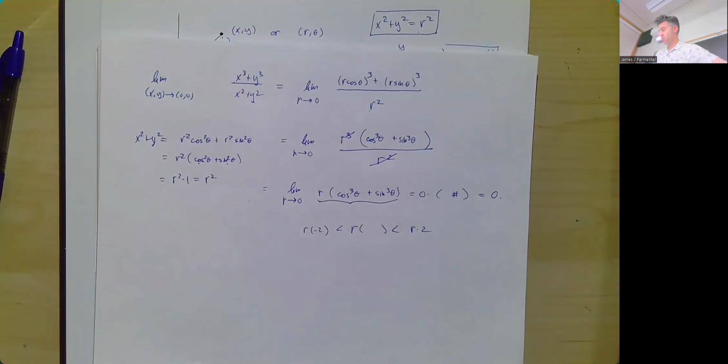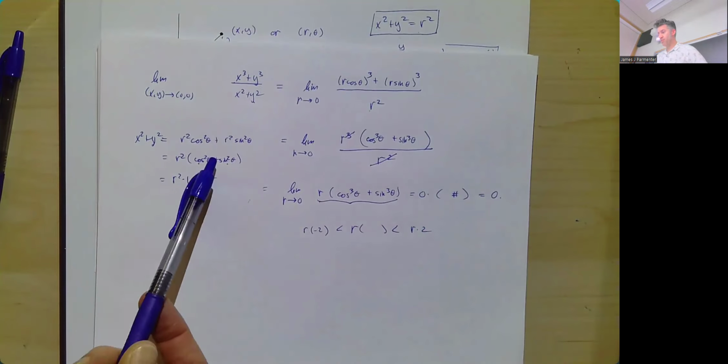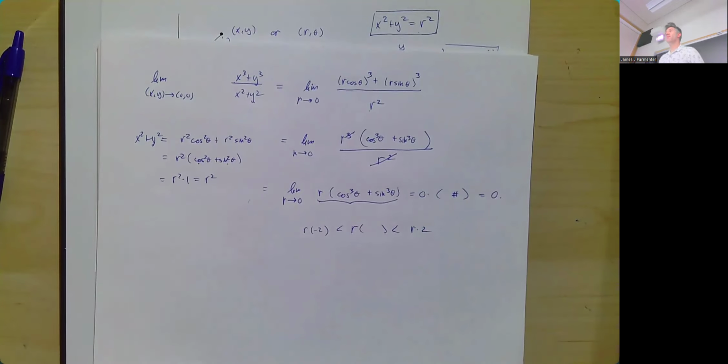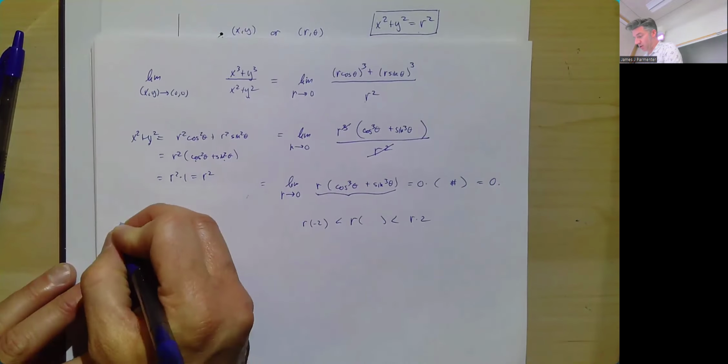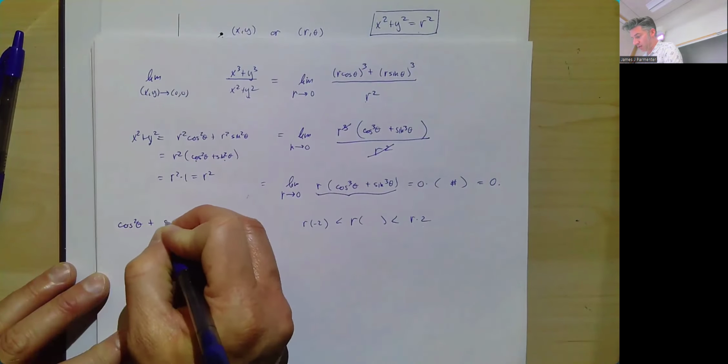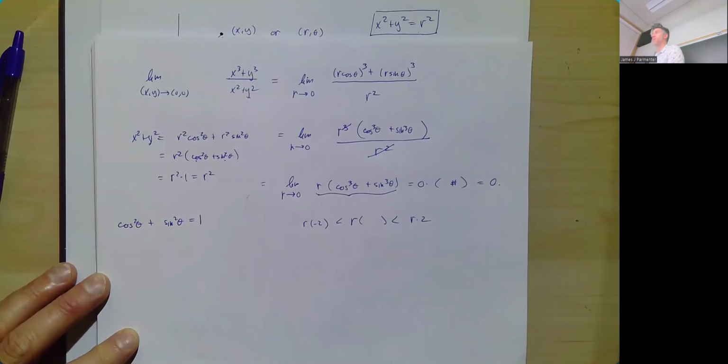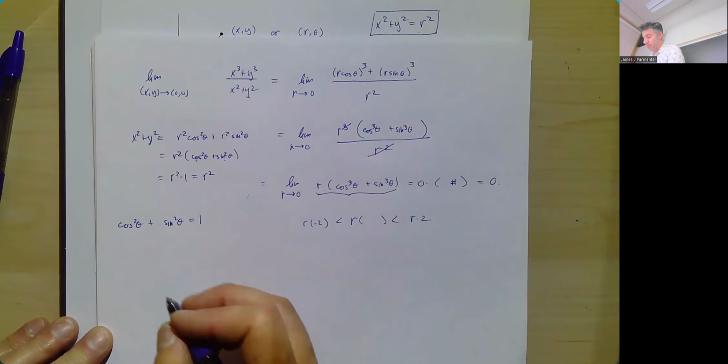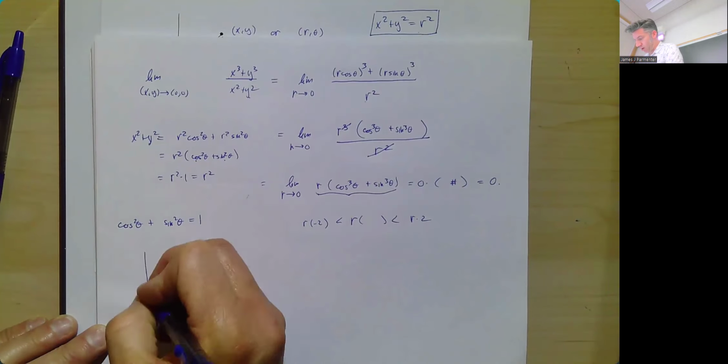I'm kind of confused on the side we have there, the x squared plus y squared equals that whole thing. I don't really understand how that boils down to y squared. There is a trig identity that says cosine squared theta plus sine squared theta is equal to 1. It comes from the unit circle.